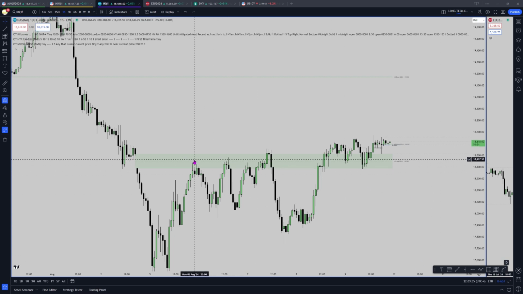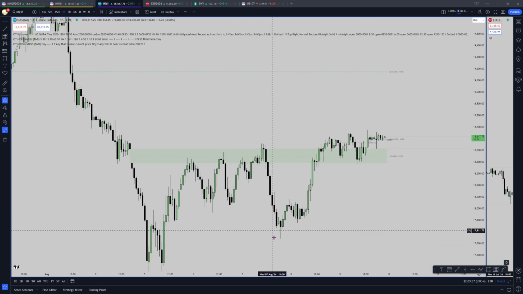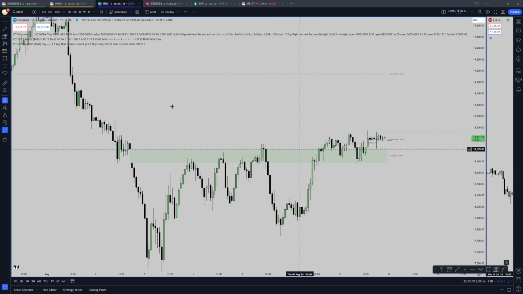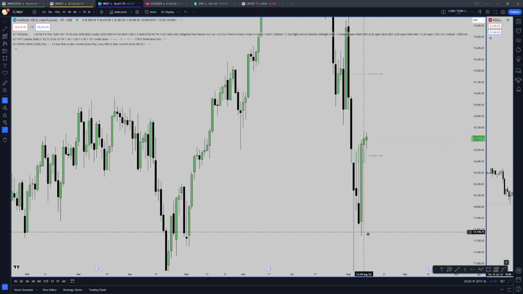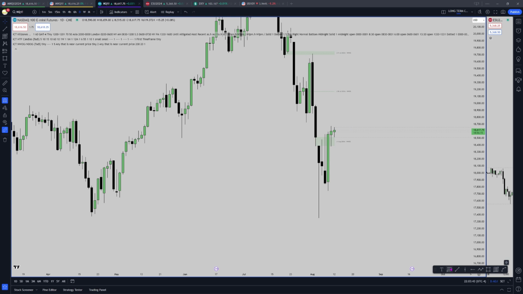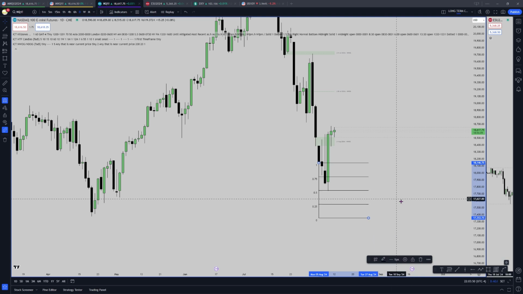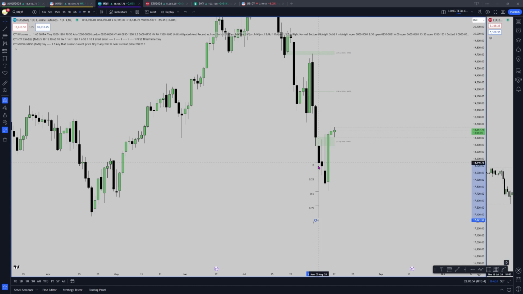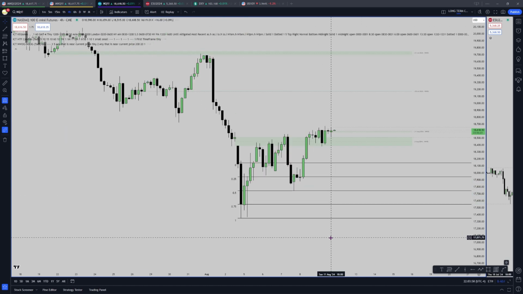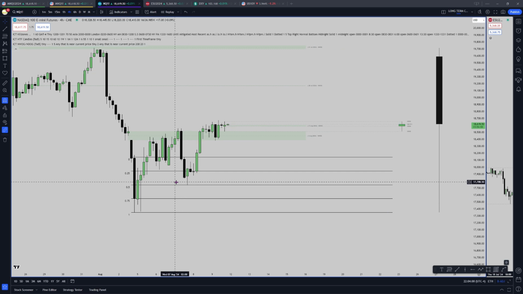You guys can just see we have this 3 drives pattern, dip to the downside, and then push up. Also, another thing, wicks. Wicks are very important. Look at this daily wick right here. I usually like to divide wicks into quadrants. Here, you guys can see how price reacted off 50% of this wick.